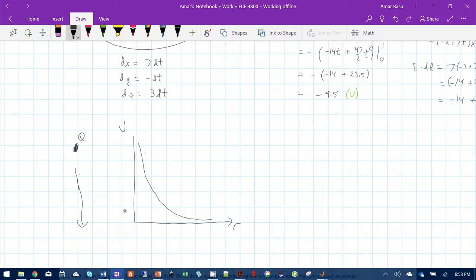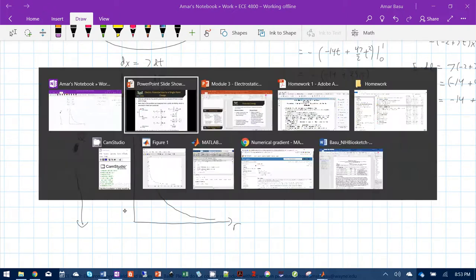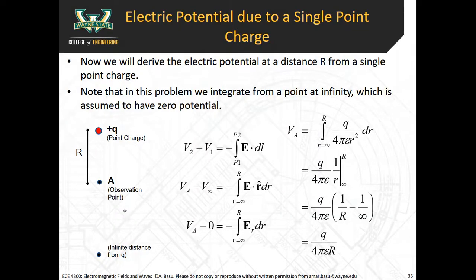It also implies that as I get closer and closer to the point charge, what happens to the scalar potential there? It goes to infinity. Q over 4 pi epsilon r. As r goes to 0, the scalar potential goes to infinity.